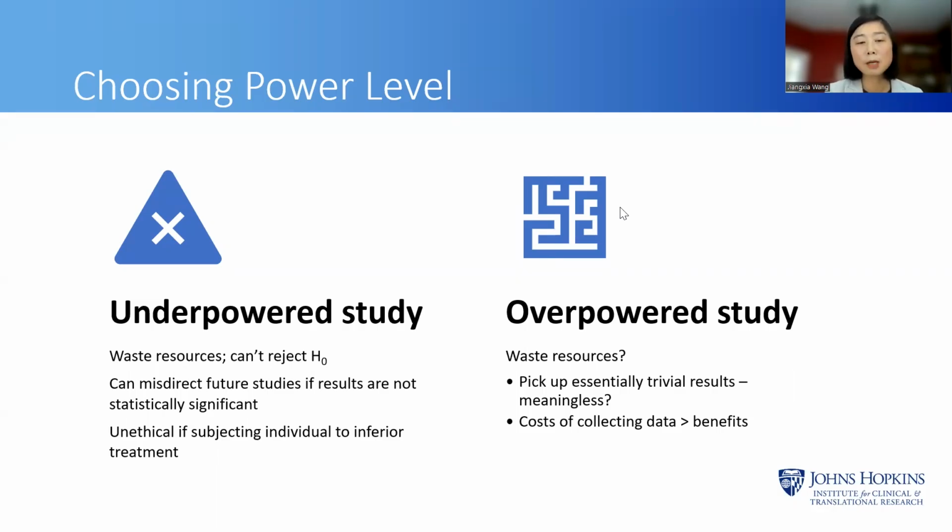This can also misdirect future studies if the results are not statistically significant, because people may wrongly make the incorrect decision or judgment that this treatment is not effective because of your study, but in reality, your study was just underpowered and didn't show an effect that was actually there. And if this study subjects individuals to inferior treatment, then this can be unethical.